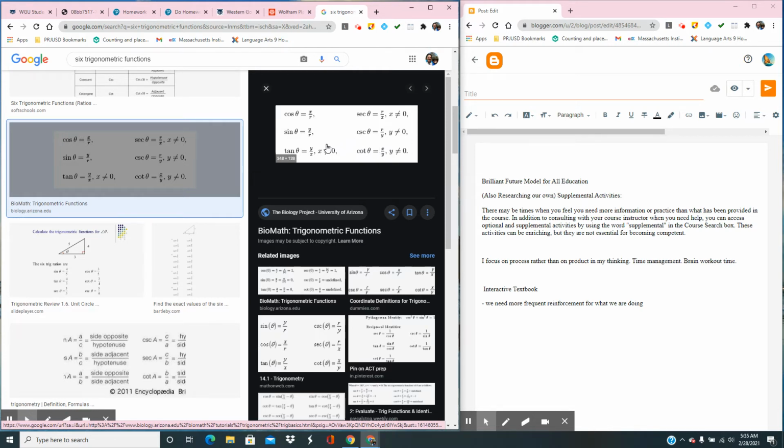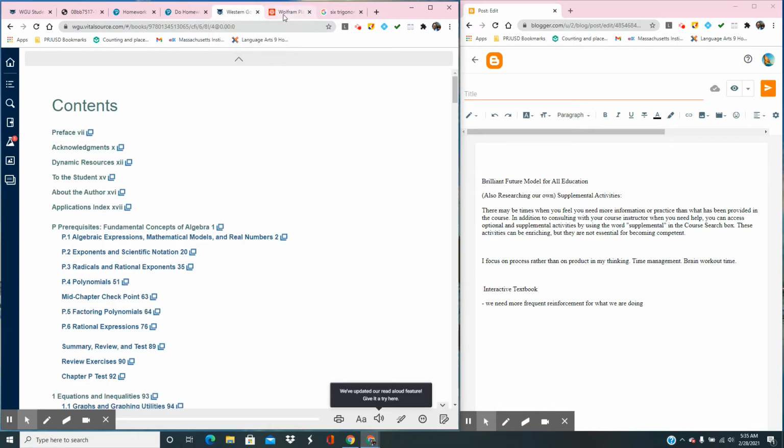I'm going to have to look at them in terms of opposite over hypotenuse, and think about them in terms of X and Y. I need to look at them from multiple angles, kind of like a crystal breaking light into different colors, getting a rainbow. I'm going to need a rainbow of different ways of looking at those 6 trigonometric functions. Some with unit circle, some with just a triangle.